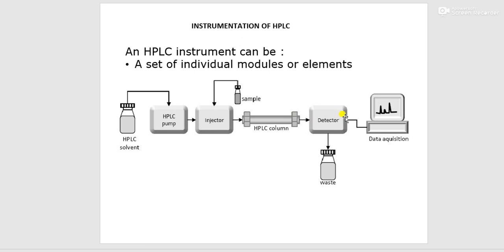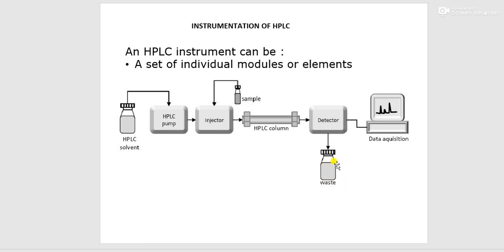It will generate the signal of your sample, analyte or components. And this is the computer system for data acquisition. And after the detector there is a waste. Now why is this waste there?